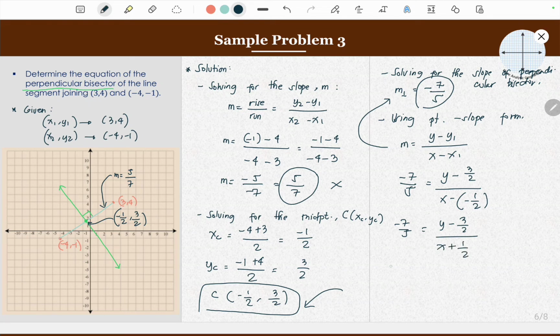So, cross-multiplying, we have negative 7 times x plus 1 half equal to 5 times y minus 3 halves. So, this is negative 7x minus 7 halves equal to 5y minus 15 over 2.